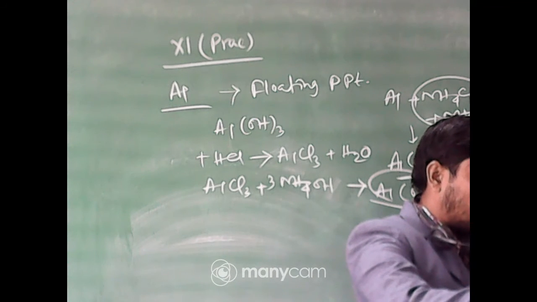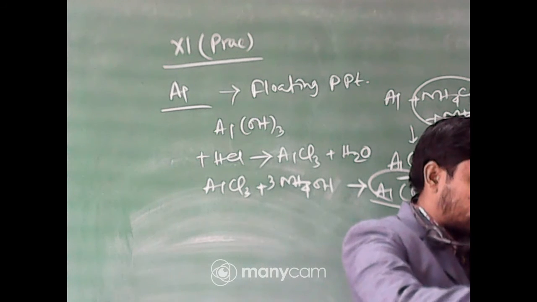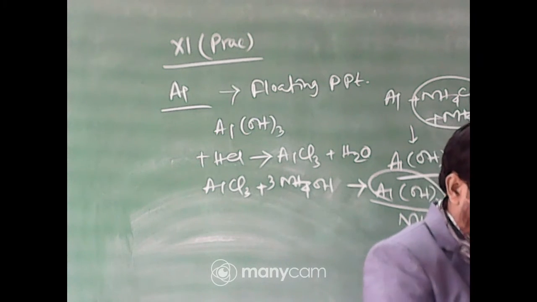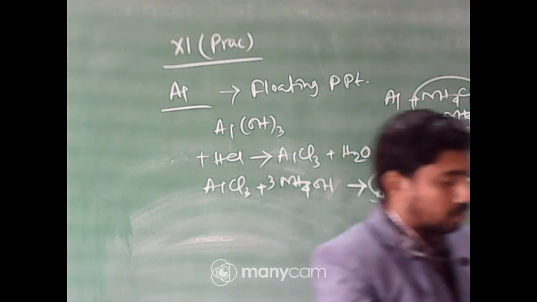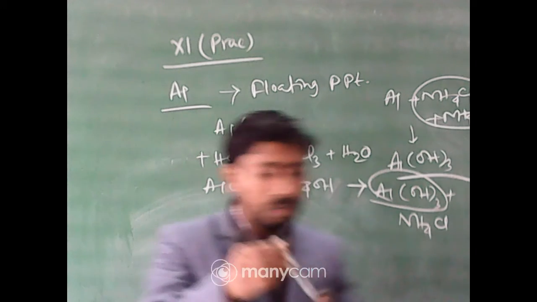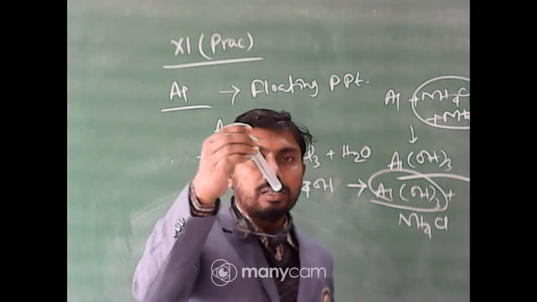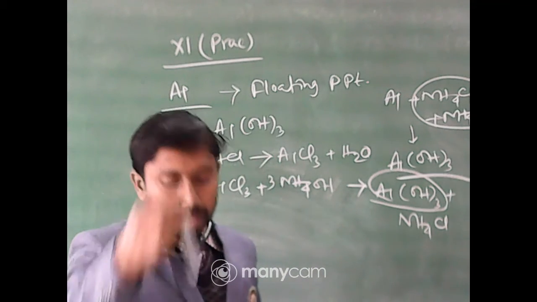If the concentration of ammonia is less, then only a very light PPT comes, just like one layer of the PPT.